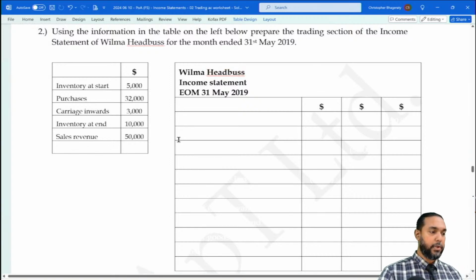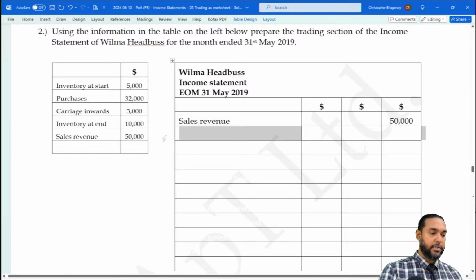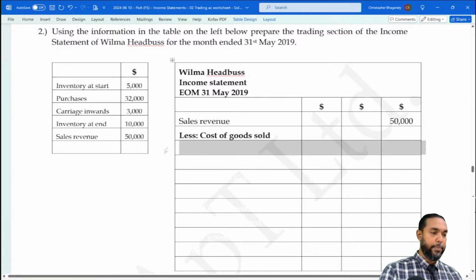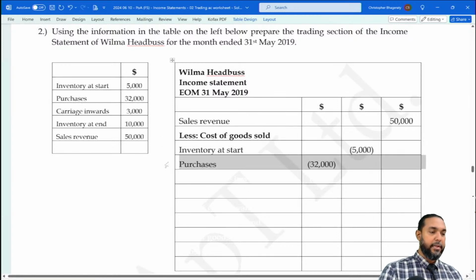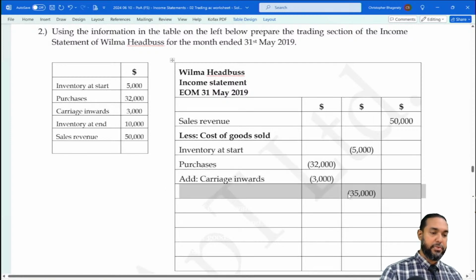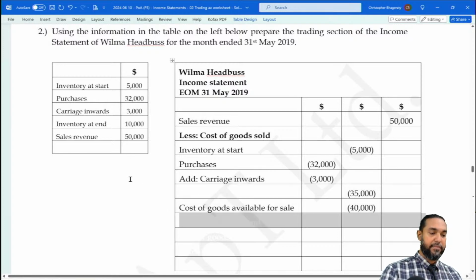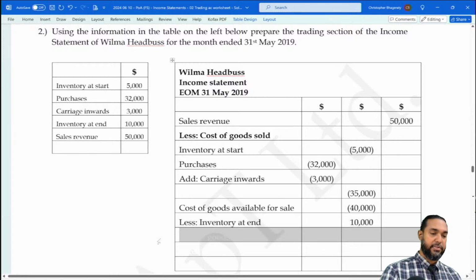So sales revenue is 50,000. Cost of sales, have a calculation. So we start with the opening inventory of 5. The purchases had a delivery charge of 3. So we add those two to get the total purchases charge of 35. 5 on the 35 gives us 40, from which we subtract the inventory at end of 10 to give us 30,000 cost of goods sold, which we're going to match against the revenue we earned.